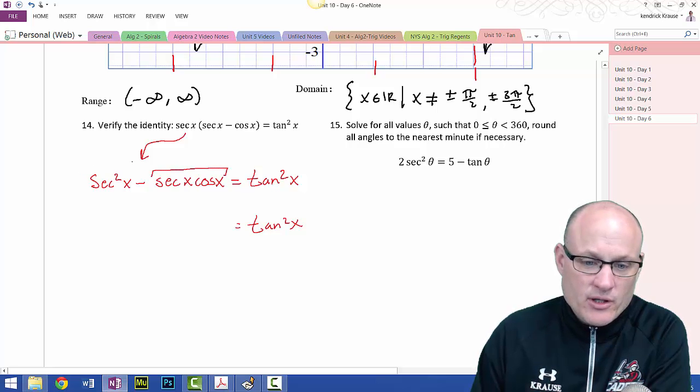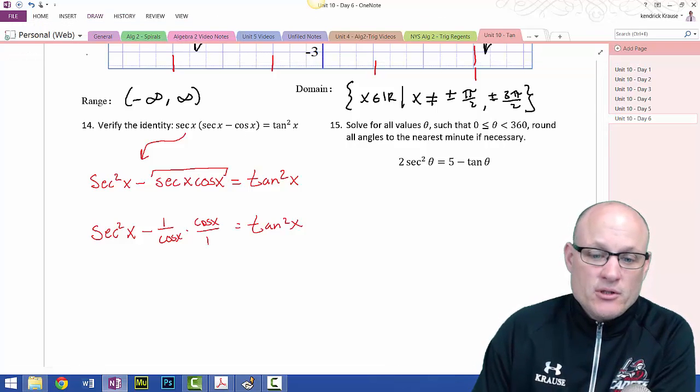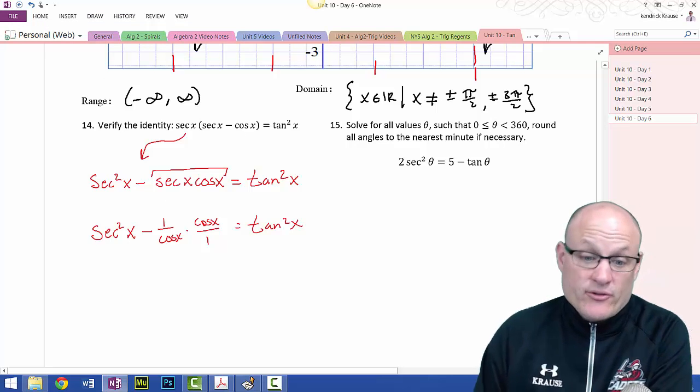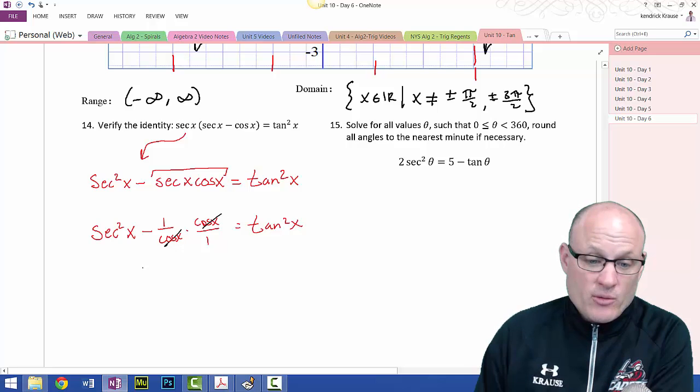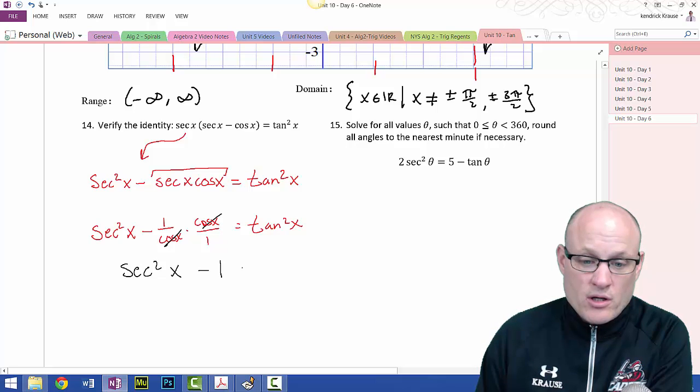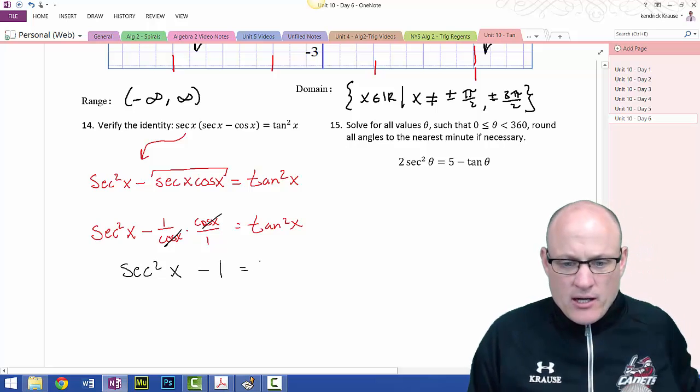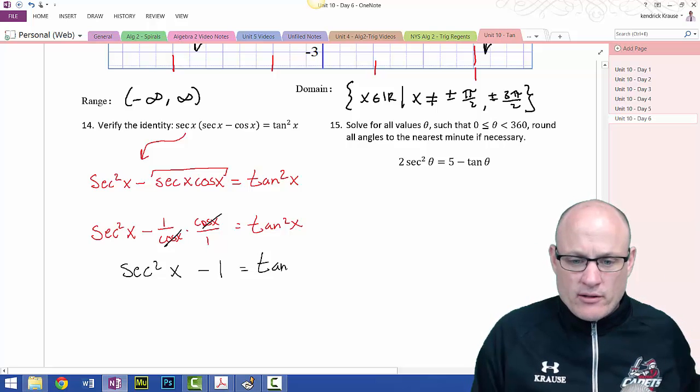I'll just rewrite secant squared x minus 1 over cosine x times cosine x over 1. Isn't that what that's equal to? Sure. Secant's 1 over cosine, and cosine I can put over 1. Well, these just cancel. So I'm left with secant squared x minus 1 equals tangent squared x.